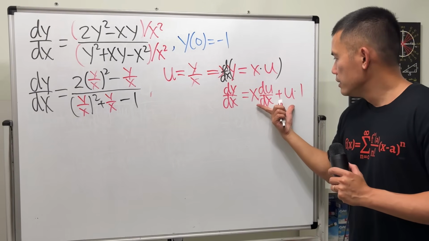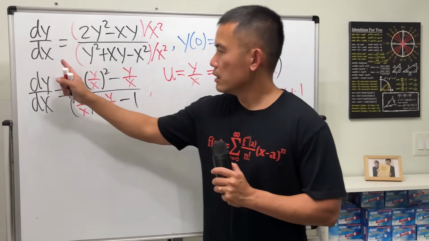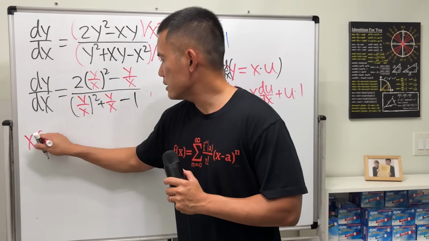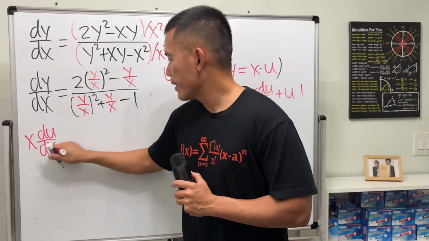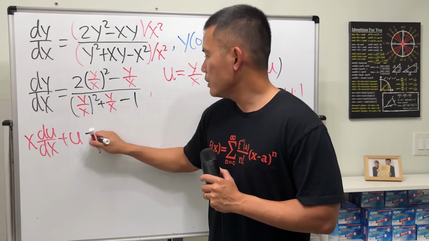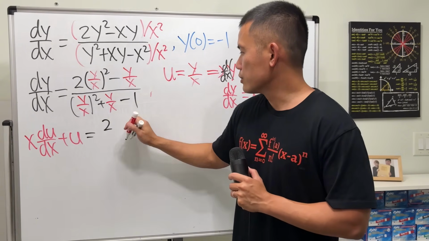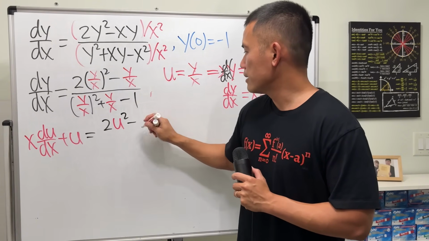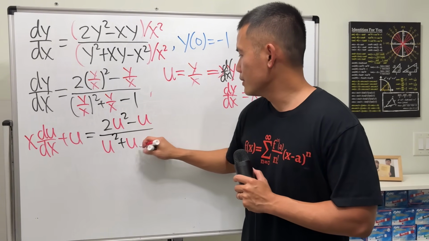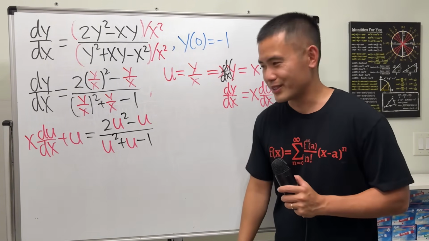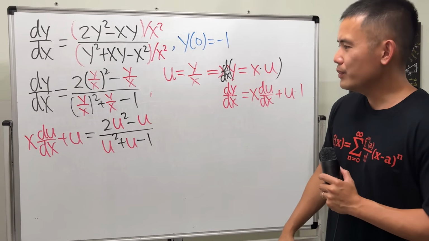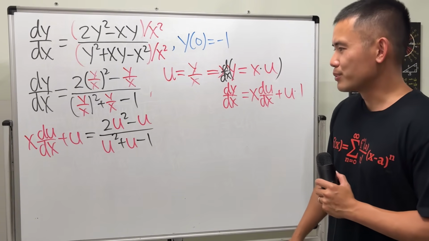So now the left side will be dy dx, and on the right we have x du dx, plus u times 1, which is just plus u, and that's equal to all that, where I'll just change everything to u: 2u squared minus u over u squared plus u minus 1. Okay, now for the right hand side, you will just kind of have to do some algebra.